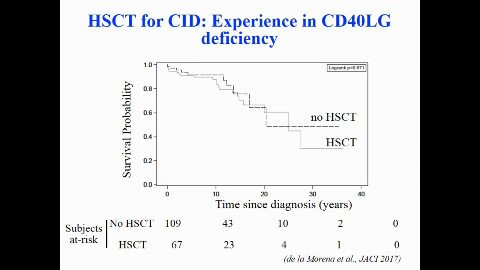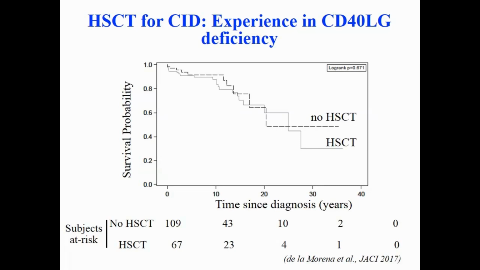So this is the entire experience of bone marrow transplantation in CD40 ligand deficiency, X-linked hyper IgM syndrome, which is one type of combined immunodeficiency. And this was comparing survival in patients that received transplant versus patients that didn't receive transplant. And you can tell, well, what's the point of transplanting these patients?